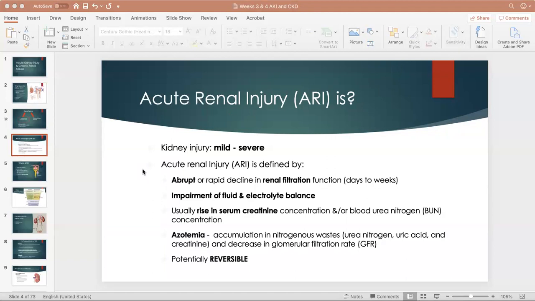Okay, so when the kidney is not working, something has happened, and we'll talk about causes in another video, but something has happened. The kidneys, the nephrons, they're not working properly. It's not filtering what it's supposed to be filtering. So creatinine is basically just a byproduct of muscle metabolism.